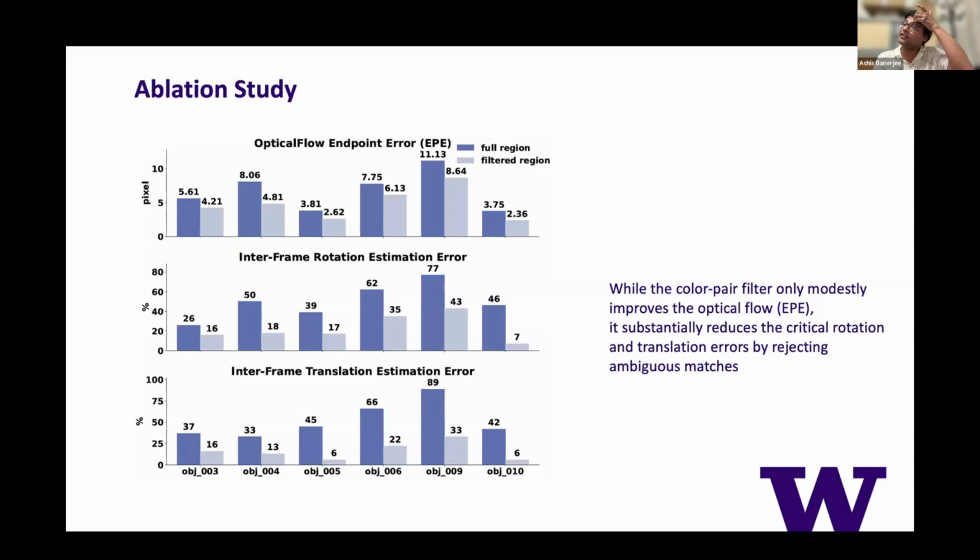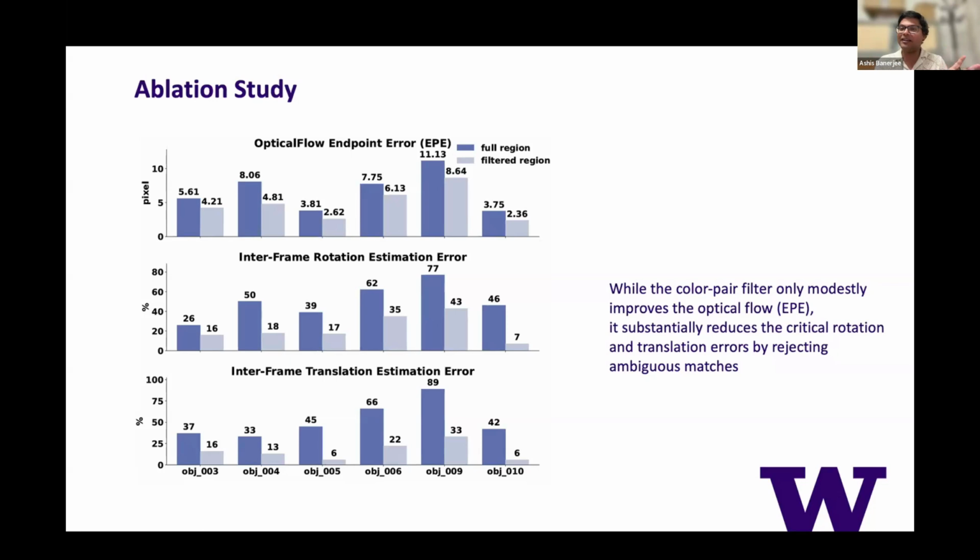We did some ablation study to identify what is actually helping the overall framework do well. And we see that, as we had conjectured, the use of these color pair filters is avoiding a lot of crippling errors which can happen either on your 3D translation estimation side or on the rotation side, which helps a lot when you have missing frames or noisy observations.